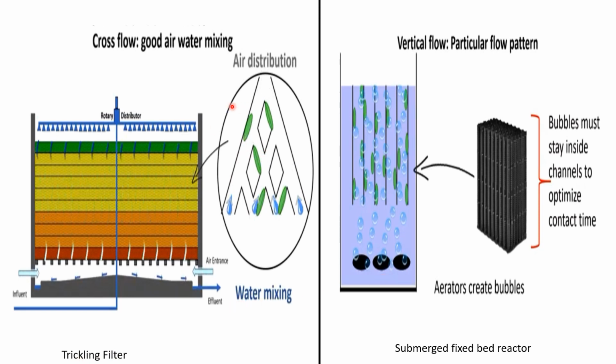Trickling filters use the cross flow pattern material because they give good air water mixing, whereas the vertical flow pattern is used only when a particular flow pattern is required. Aerators are used to create bubbles, and here they are usually used in submerged fixed bed reactors.